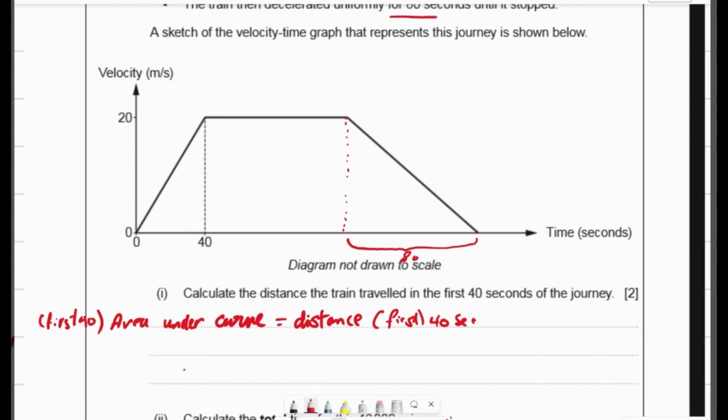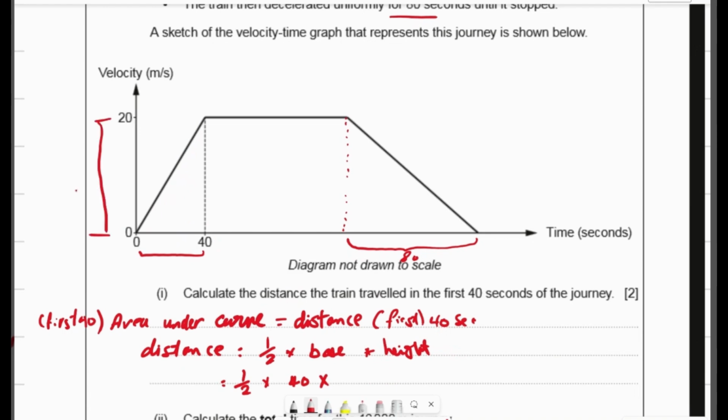So what is the area of this shape? It is a right triangle, and you know the area of a triangle. Distance equals the area of the triangle, which is half base times height, isn't it? So it's equal to half, and the base here is 40 seconds, and times the height here, 20.